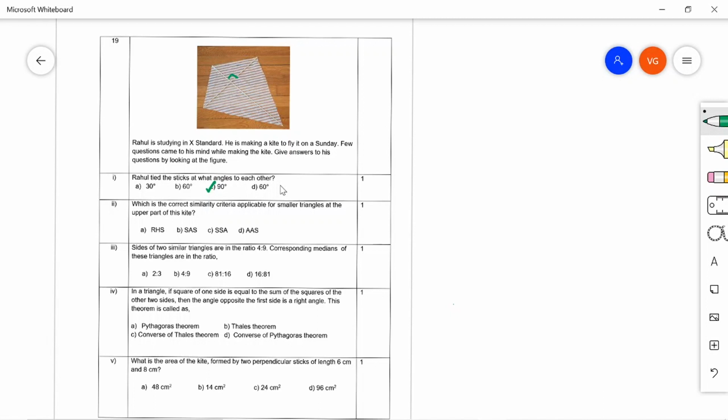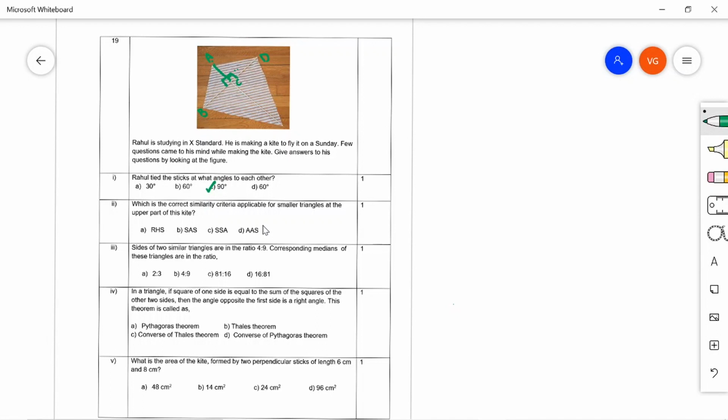The second question is, which is the correct similarity criteria applicable for the smaller triangles at the upper part of the kite? So let us mark the kite's corners as A, B, C, D. If you observe, the side AC is common for these two triangles, triangle ABC and triangle ACD, and also one angle, that is 90 degrees, is common.